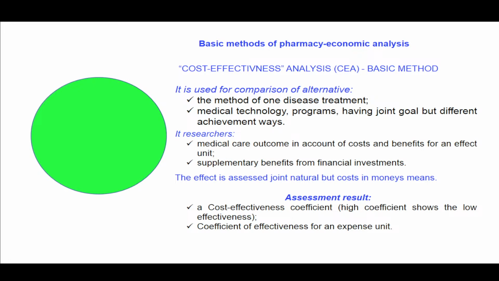According to this method, we can say about the comparison of alternative researches. The effect is assessed in natural units but cost in money means. Okay, dear students, I ask you to take this information.